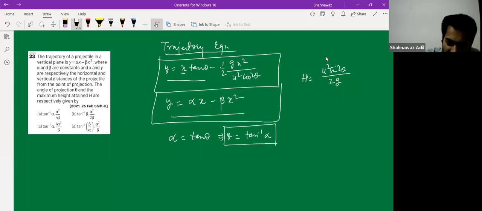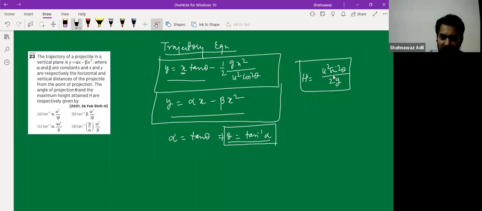Okay, so if this is correct, then let's solve on the basis of this. They are asking about theta. We calculated theta, right? Okay, and now they are asking about this h. And you see that in the options they are all in the function of alpha and beta.